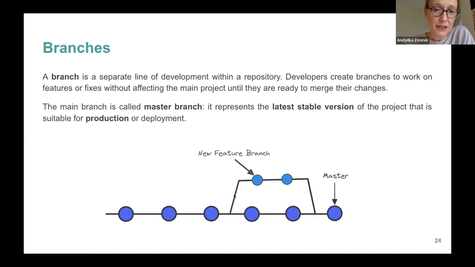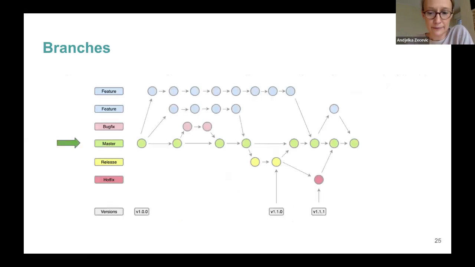So branches are, as we say, a separate line of development within a repository, and complex projects are described by a very complex set of branches, and all these nodes we see here are actually different commits within different branches.